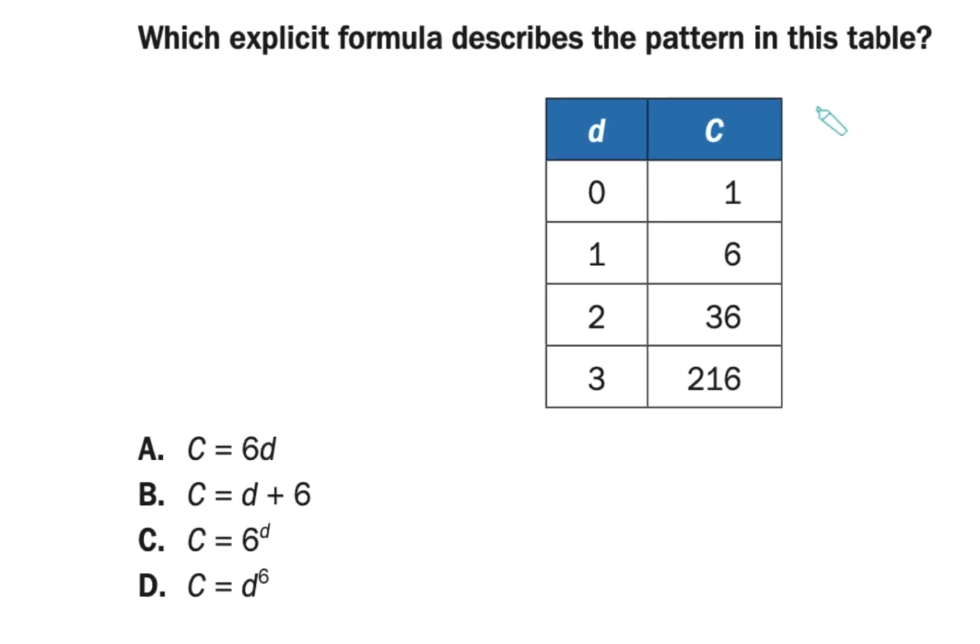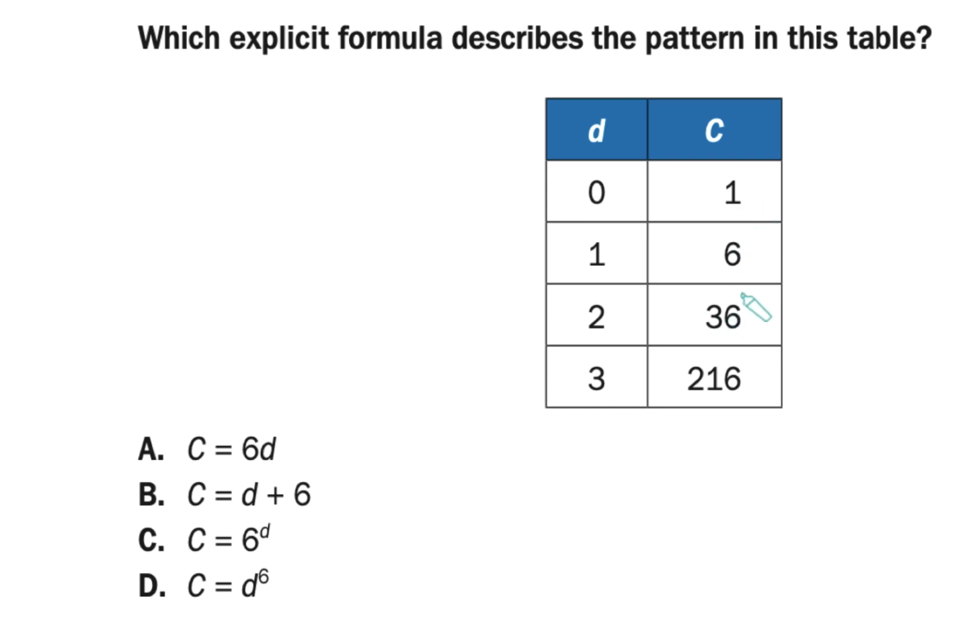Finally, I put in this last one. It states which explicit formula describes the pattern for this table. So you're given a table and you have to pick the formula or equation. Now looking at your table, notice that the values look like they're increasing and it looks like it's drastic. Now if you try to find the difference, notice the difference between 6 and 1 is 5.